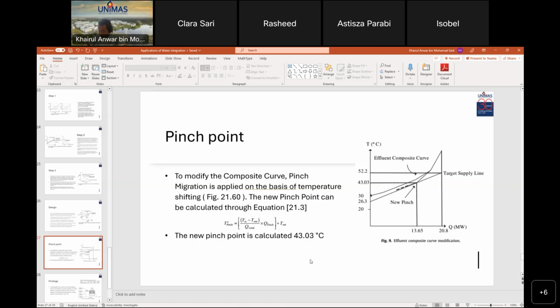The feasibility constraint on the target supply flow rate is: mass water in is between the minimum and maximum water in.